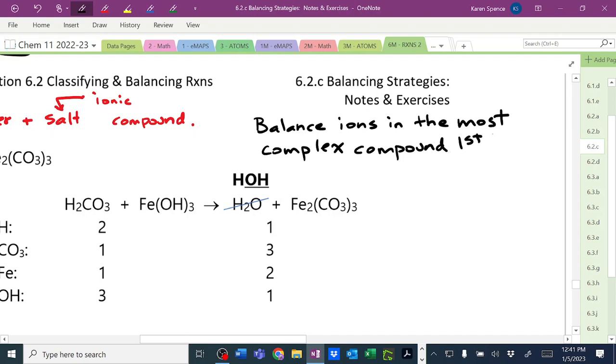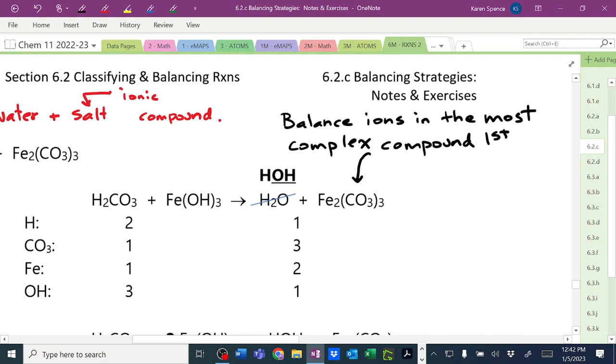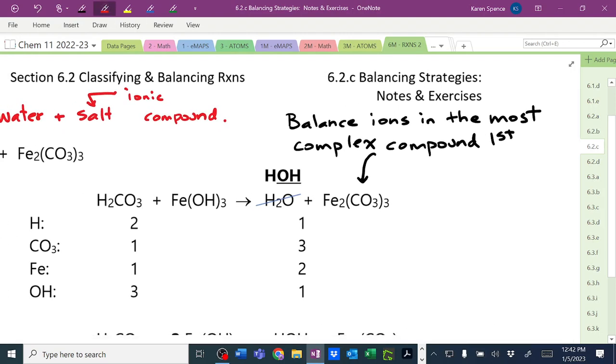So who is our most complex compound out of those 4 compounds? Fe2CO33. There's lots of subscripts, right? In that one, lots of subscripts. So that would be this one right here. So let's balance our Fe. We have 2 Fe's.